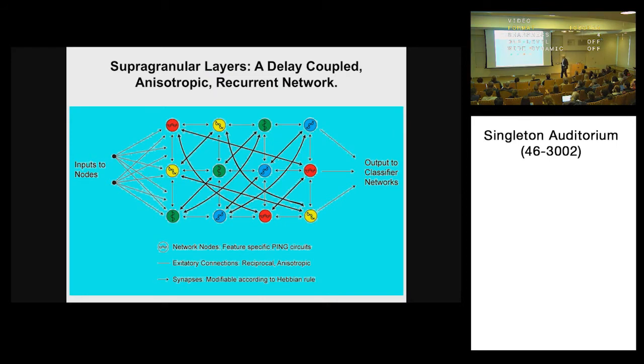So one can consider at least the supragranular layers of cortex as a recurrently coupled network, whereby the coupling occurs with delay, which is important because that complicates the dynamics, makes it more interesting, increases dimensionality. It's anisotropic. Individual columns can be considered as oscillatory microcircuits, as feature-selective oscillators.